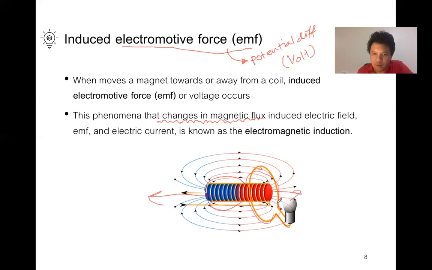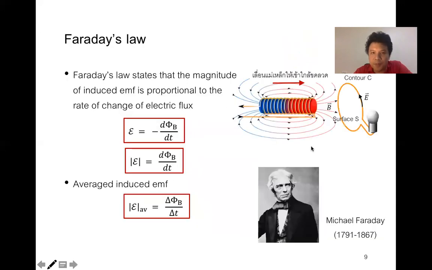Moving the coil out, you also see changes in the magnetic field lines passing through the coil. As a result, there is a voltage, or electromotive force, or simply E, flowing around the coil.